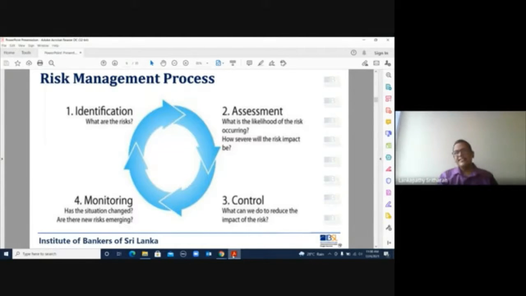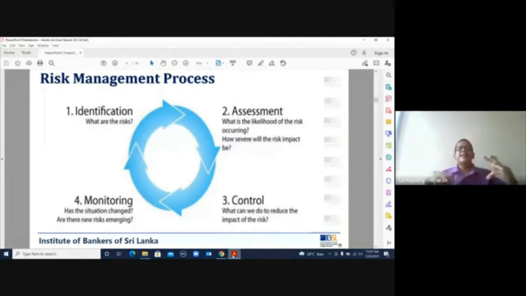There were questions in past exam papers related to what the risk management process is. Then you have to answer these 4 steps. In some literature, these steps may be mentioned as 5 steps or 3 steps, but generally it's 4 steps, because sometimes control and monitoring are taken together, and they say there are 3 processes: identification, assessment, and controlling and monitoring.